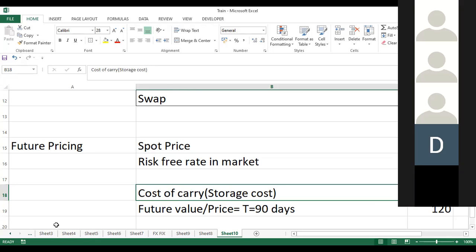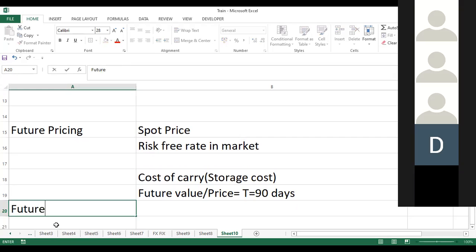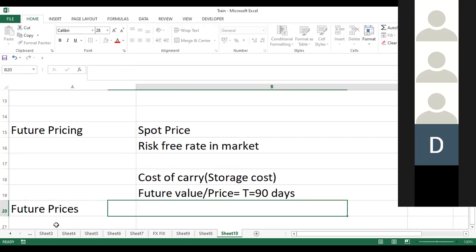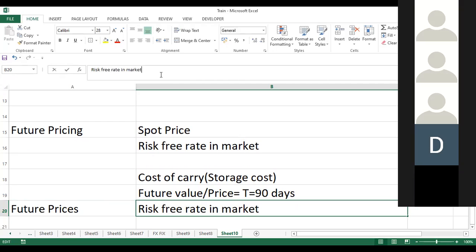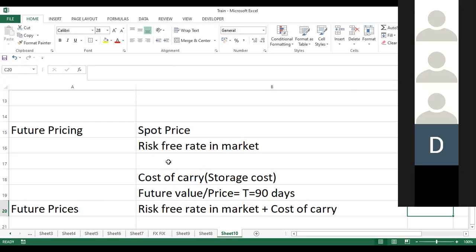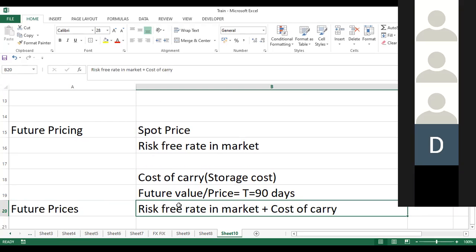So your future price, you can say, is a combination of two. One, it is your risk-free rate plus cost of carry. These are two things which are there.